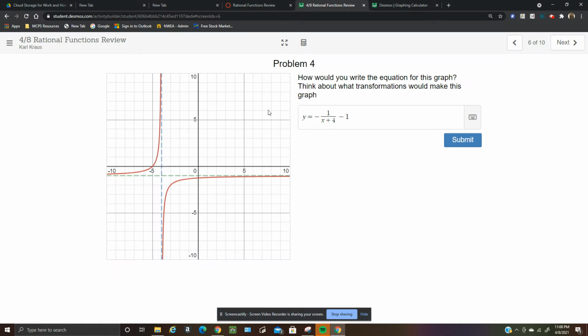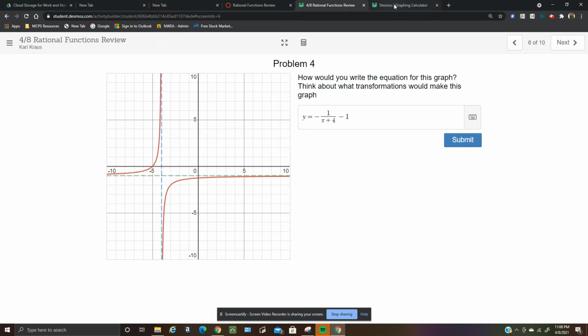And then how would you write the equation? So look at the asymptote. Here's 1 over x plus 4, because x equals negative 4 is the vertical, and then the horizontal asymptote is negative 1, and then this graph is reflected over the x-axis, so I need to put a negative in there.